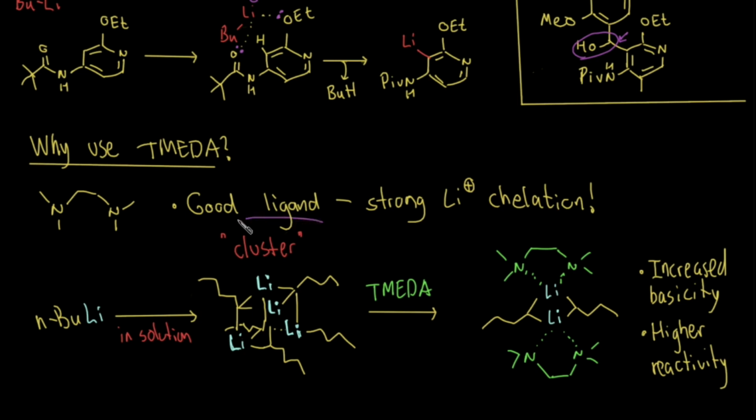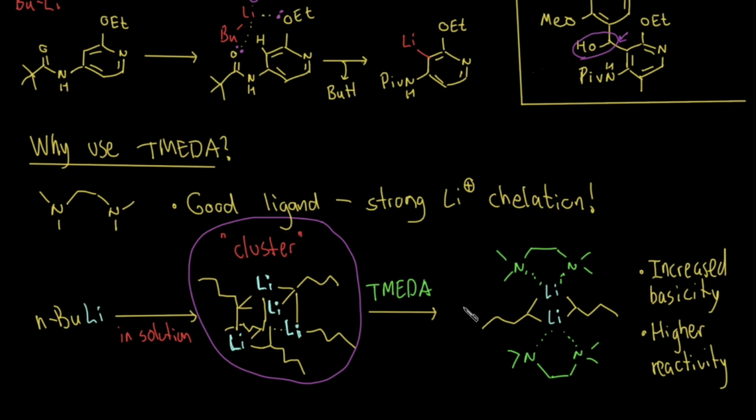The formation of these clusters is a huge problem because you end up deactivating the reagent, since the reagent is less accessible when it forms these clusters. What TMEDA is capable of doing, as a strong lithium chelator, is breaking these clusters into smaller species in solution, and these are a lot more basic and as a consequence also a lot more nucleophilic.